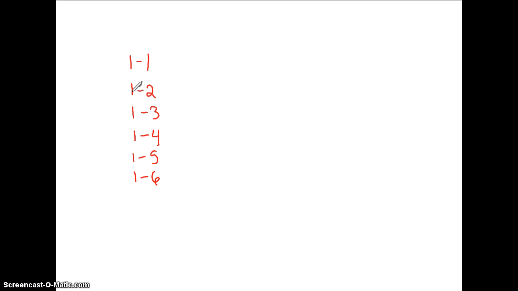The first cube is a 1, the second one it could be a 2. 1,3, 1,4, 1,5, and 1,6. Doing the same thing, if the first one was a 2 and the second one was a 1, you can also have 2,2, 2,3, 2,4, 2,5, and 2,6.